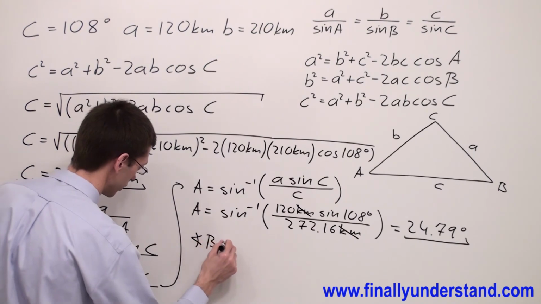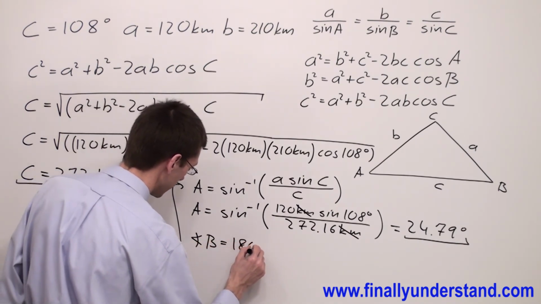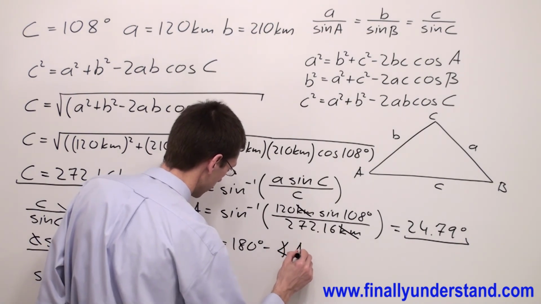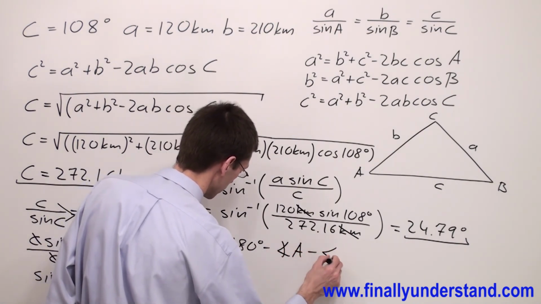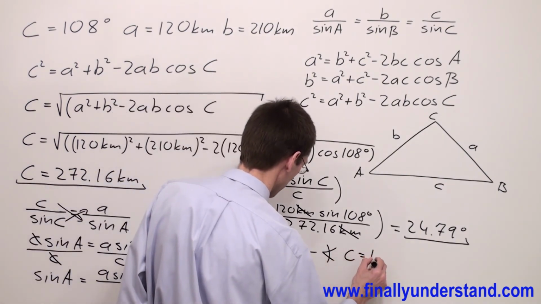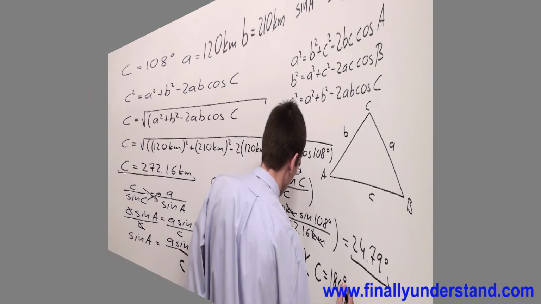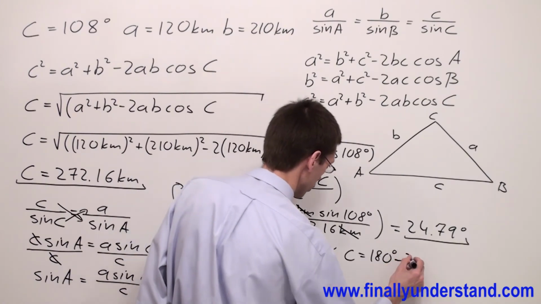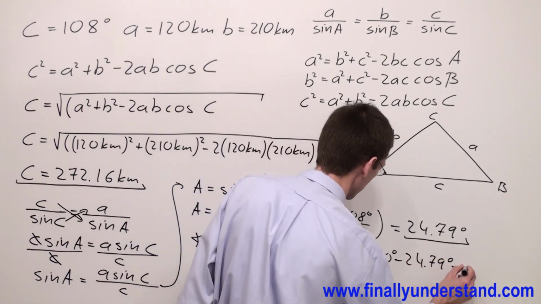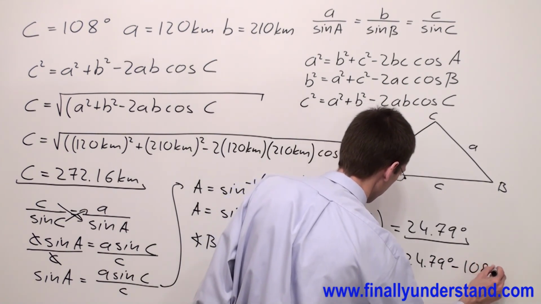Angle B is equal to 180 degrees minus angle A and minus angle C, which is equal to 180 degrees minus 24.79 degrees and minus 108 degrees.